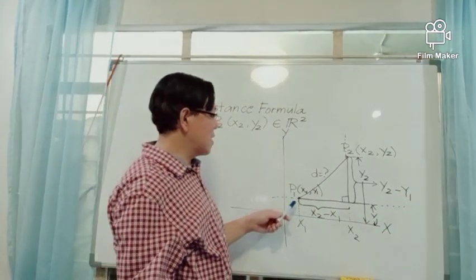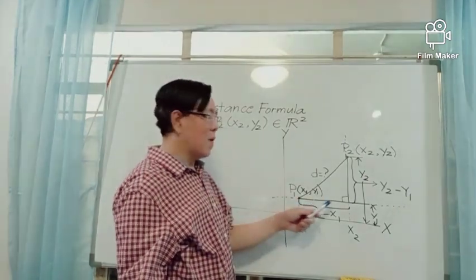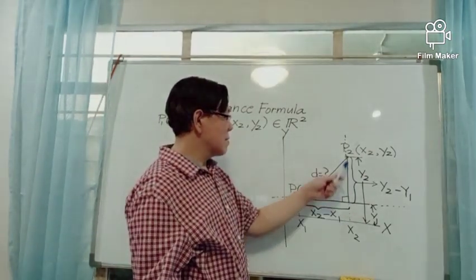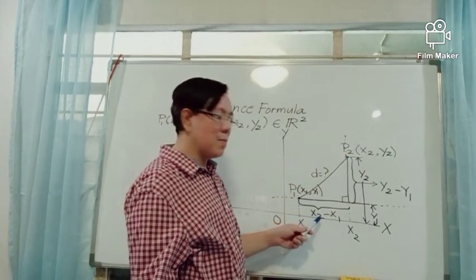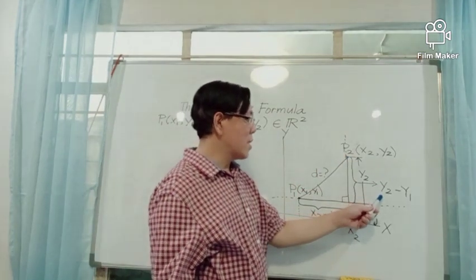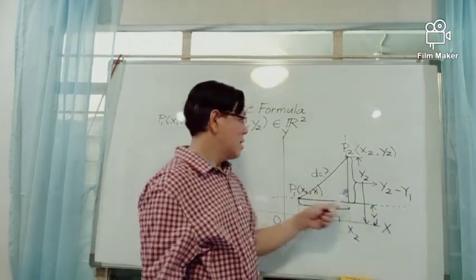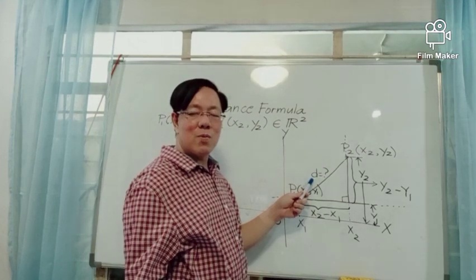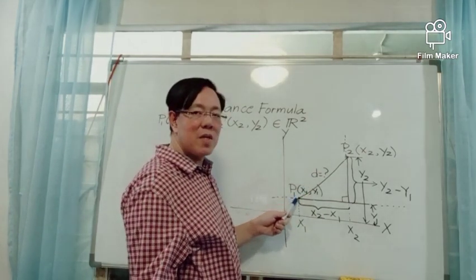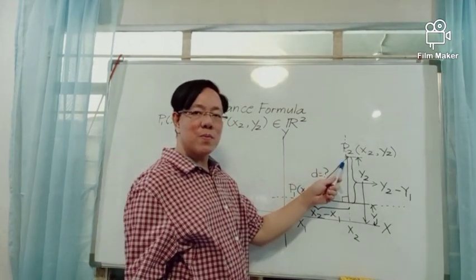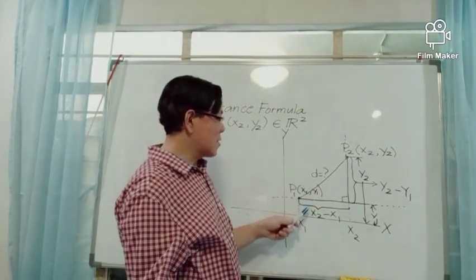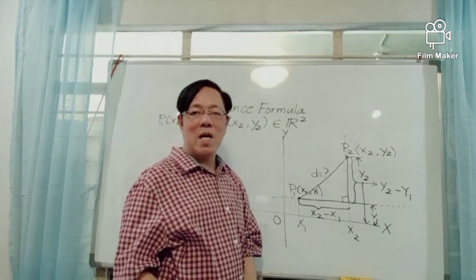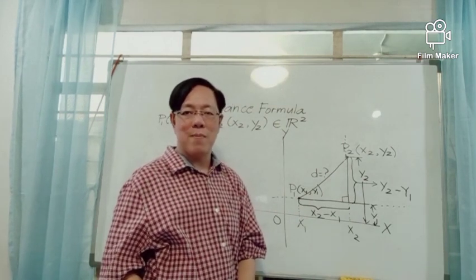We now have the three sides of the right triangle. The two legs have lengths of x2 minus x1 and y2 minus y1. And the length of the hypotenuse is the distance that we want between the points P1 and P2. With these three sides of the right triangle, we apply the Pythagorean theorem.